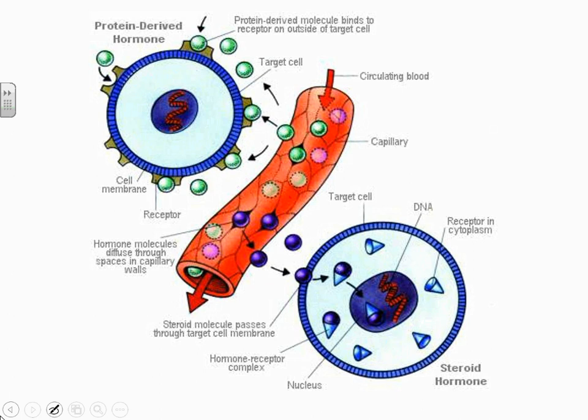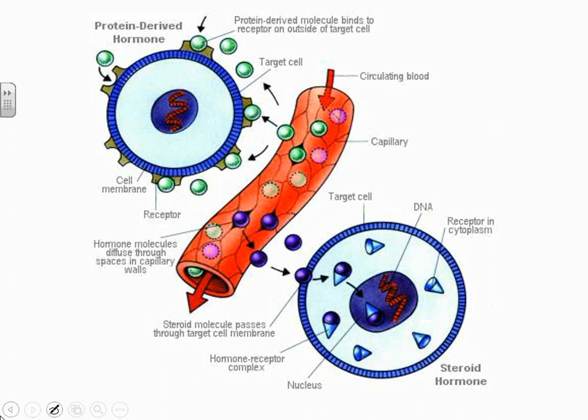So if you're looking for an example of something that can just diffuse by simple diffusion into cells, then steroid hormones are a good example because they are soluble effectively in the phospholipid bilayer. They can just move through. They're non-polar. And this means that they actually get into the cells. So they will have an effect by getting in.